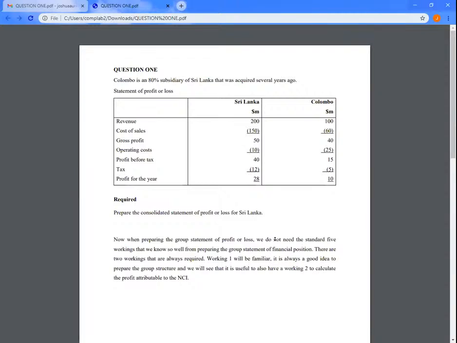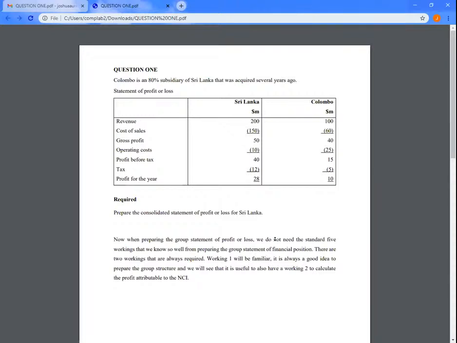You get the group structure wrong, you get all your consolidations wrong. There are 2 workings that are always required. Working 1 will be familiar. It is always a good idea to prepare the group structure. And we will see that it is useful to also have working 2 to calculate the profit attributable to the NCI. So, ladies and gentlemen, let's begin with our group structure.